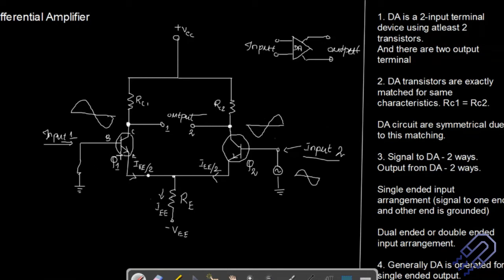The only thing is which end I am applying the input signal, and based on that I'm going to get a phase reversal or not a phase reversal. So this side I'm going to get in phase now. So if you are applying a signal on this end, on the other end you are going to get an in phase signal. So this is how our differential amplifier is constructed, and these are the points that you should actually remember. So this is important.